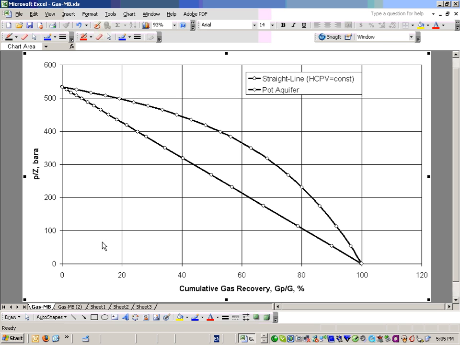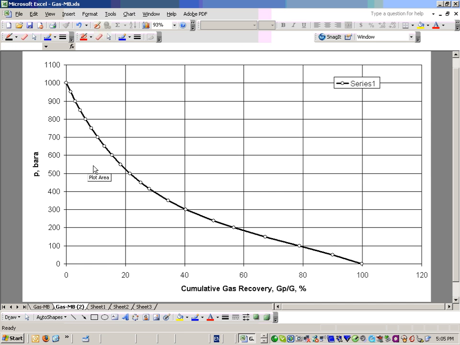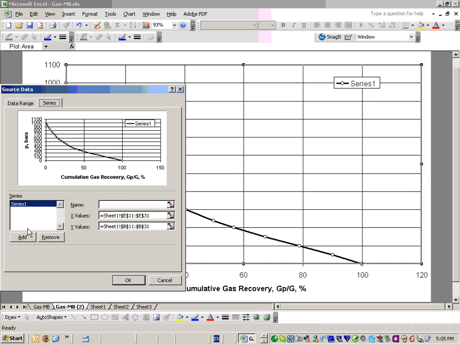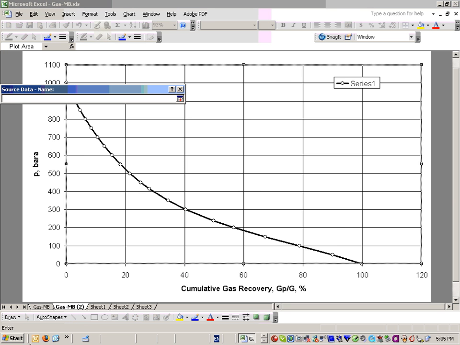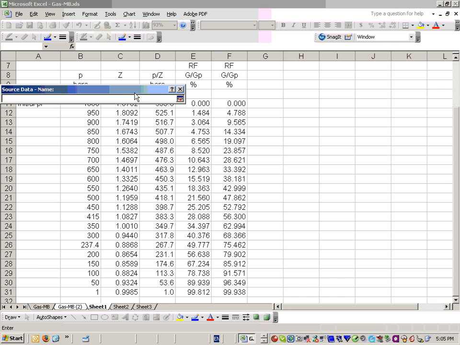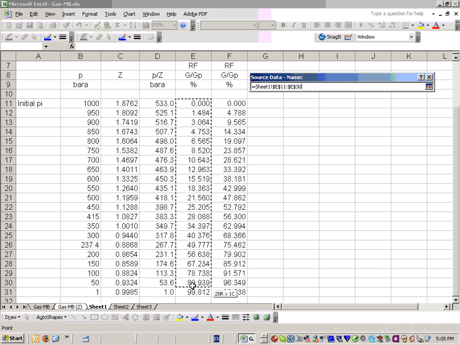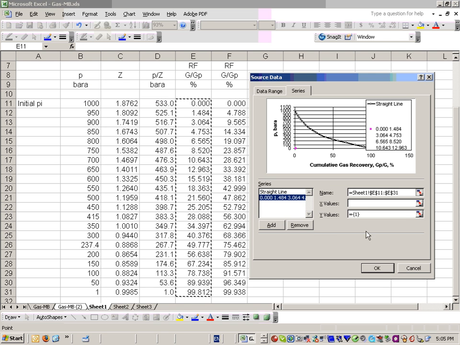In this case, we can add the figure to the other as well and see how it affects the pressure versus cume plot. Do the same kind of plot here. Just say the straight line, and then we'll add, in this case we'll plot this, not pot aquifer.